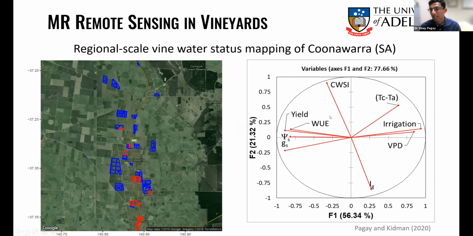On the PCA plot you see here on the right side, the top right quadrant, TC minus TA, the canopy temperature minus the air temperature, having a very strong negative correlation with things like yield and stomatal conductance, GS, and water potential. So you can see that even very simple canopy temperature measurements from 1,000 to 2,000 feet can give us some ideas as far as the variability across an entire region.